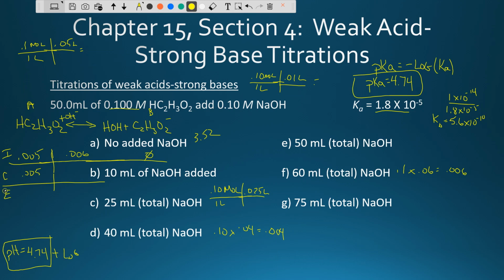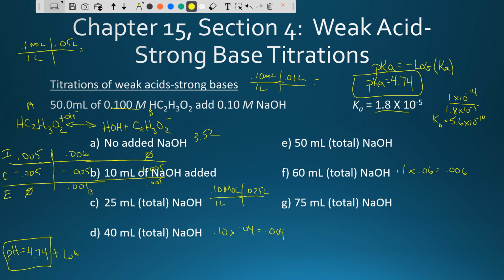Now this time I'm going to be using up all of my acid, and I'm going to have some hydroxide left over. And so I'm going to be subtracting off 0.005, and adding 0.005 on this side. Okay, once again, I'm using up all my acid to neutralize the excess hydroxide. So if I do that, I end up with 0.001, and this ends up being 0.005.